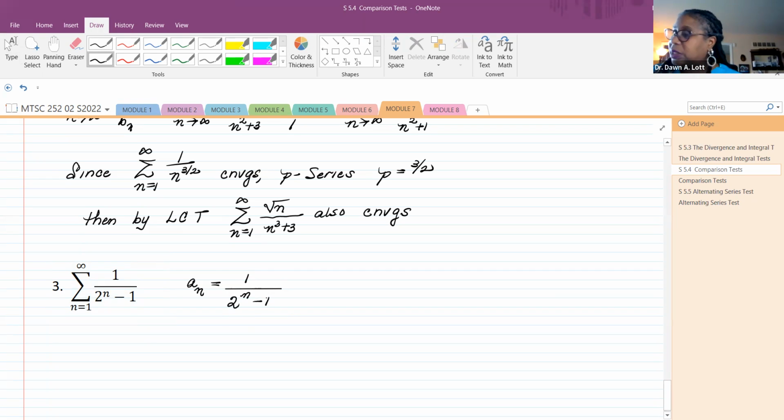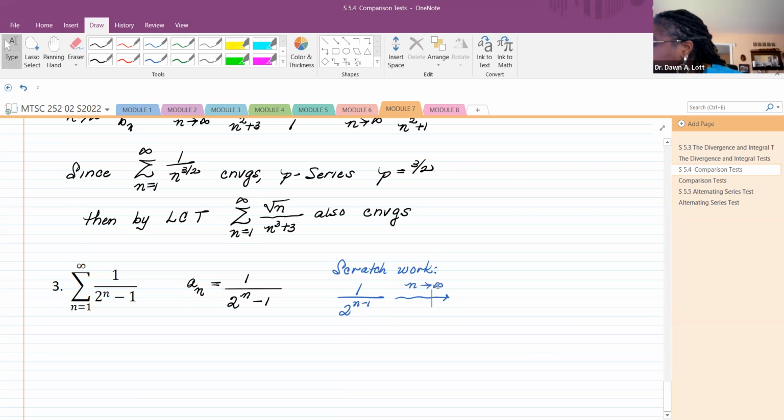Now, as I said before, I want to do what I call scratch work. Over here, I need to see what 1/(2^n - 1) looks like as n goes to infinity.